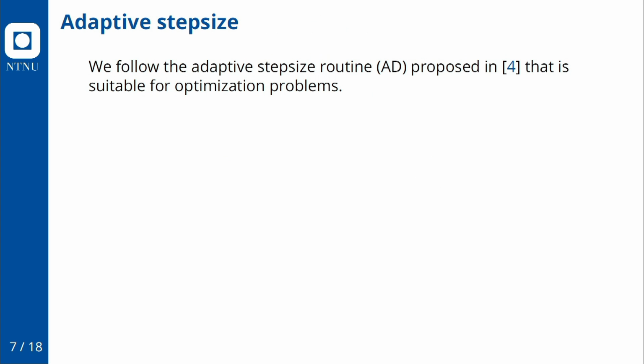I also have tried to formulate an adaptive step-size routine, following an idea which I found in a paper. It proposed a method for adapting the step size that is suitable in optimization. So it doesn't aim at having a very accurate trajectory, but the aim is to reach a minimizer in the fastest way possible.